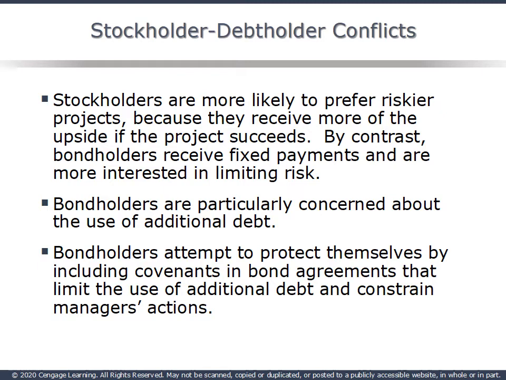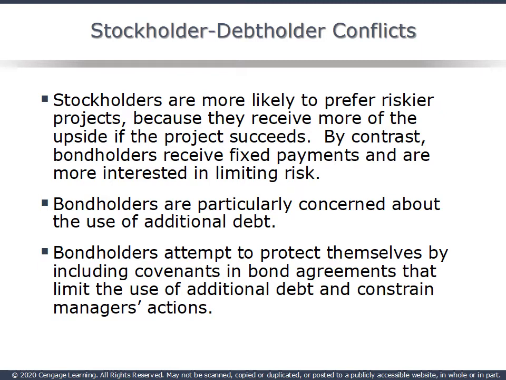They've agreed to a certain return, and that's it. So they aren't interested in taking on more risk than necessary. Bondholders are particularly concerned about the use of additional debt because as an organization borrows more and more money, the more likely it becomes that it won't be able to pay any of it back.